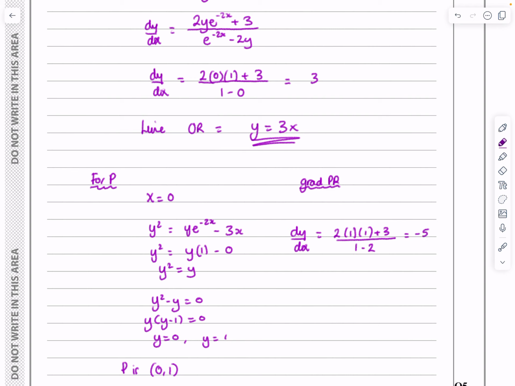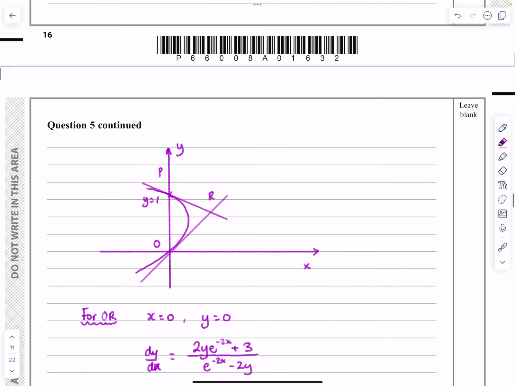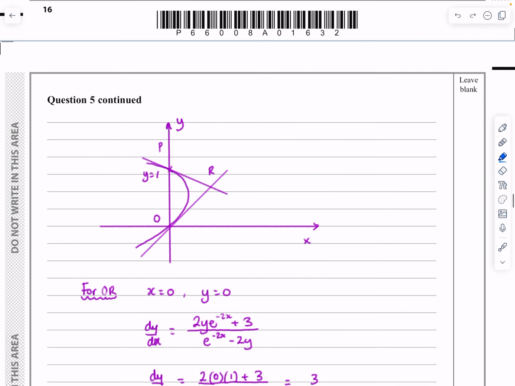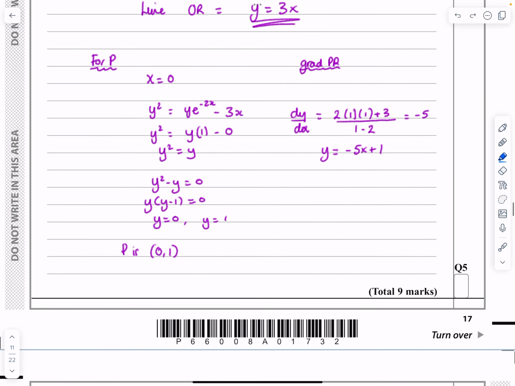I know that it's hitting the axis at 1, so the equation of this line is y equals minus 5x plus 1. So what I've now got is the equation of this line and the equation of this line. So using those two, I can just put them together to work out what the point's going to be.